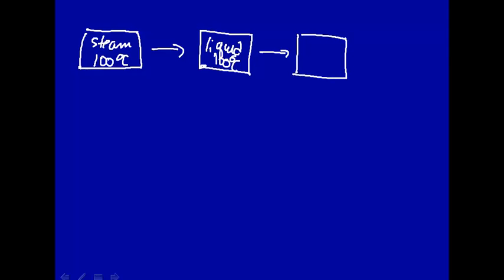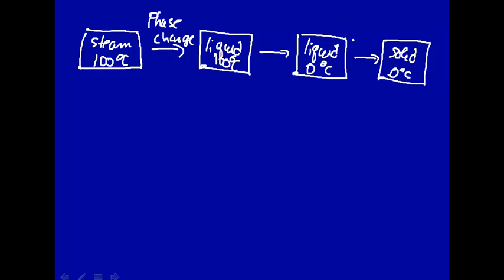We still have a liquid at 0 degrees C, and finally we change that liquid into a solid at 0 degrees C. This is a phase change, and we'll calculate delta S for that. This also is a phase change. And here, we're just cooling a liquid.